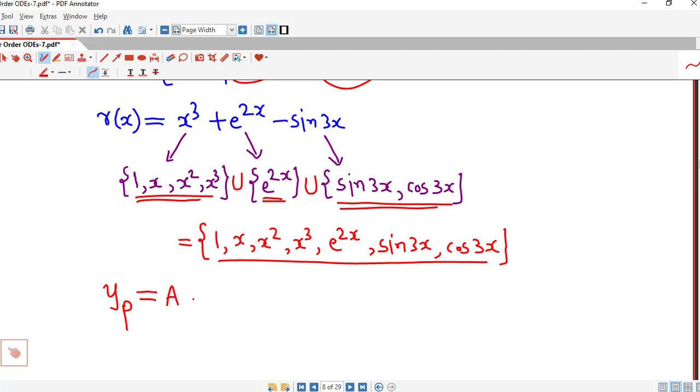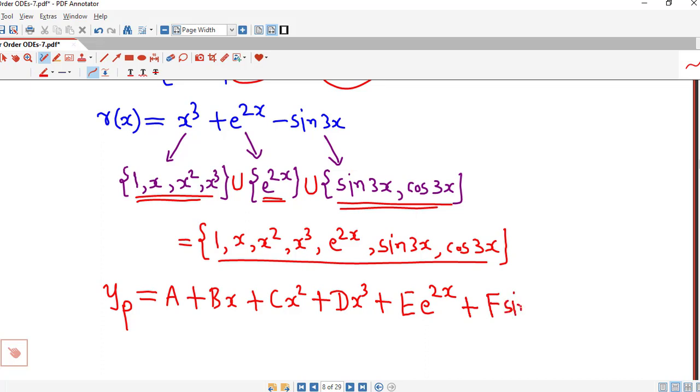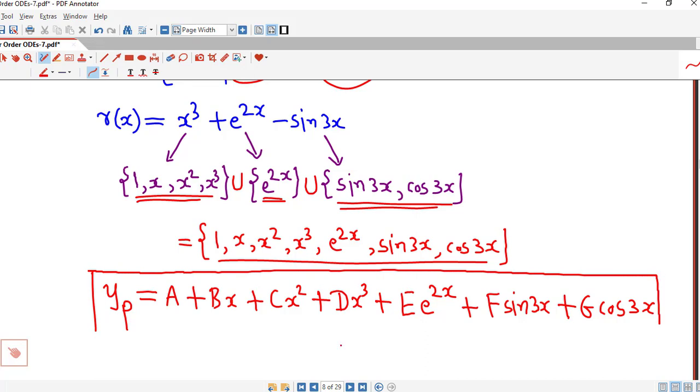So we can consider a into 1 plus b into x plus c into x square plus d into x cube, e into e raised to 2x plus f into sin 3x and g into cos 3x. So this is the proper choice for the particular integral for the given non-homogeneous equation.